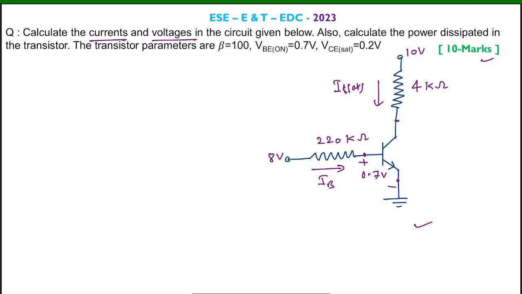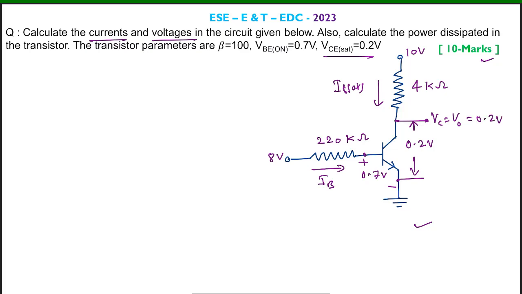And it has given another value, VCE saturation equal to 0.2 volt. So if the transistor is working in saturation, this voltage VCE is equal to VC, or we can say V output, and this is 0.2 volt.